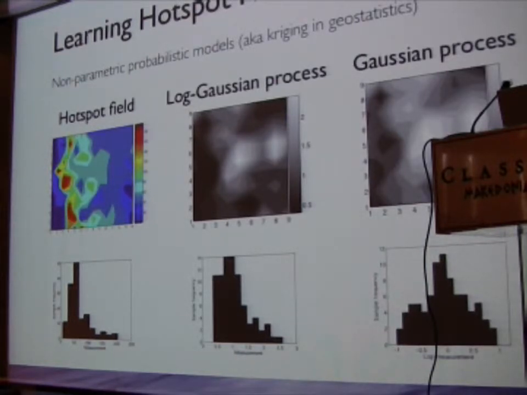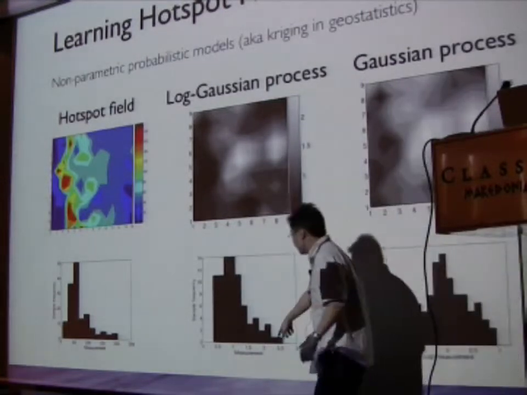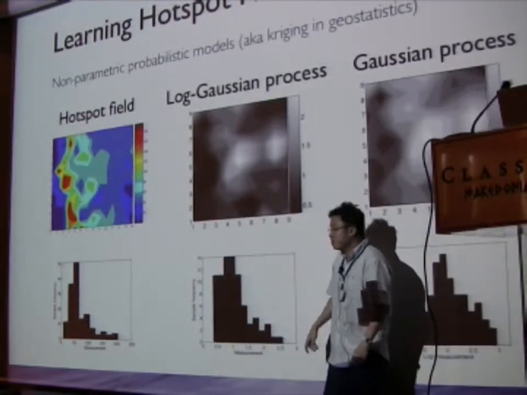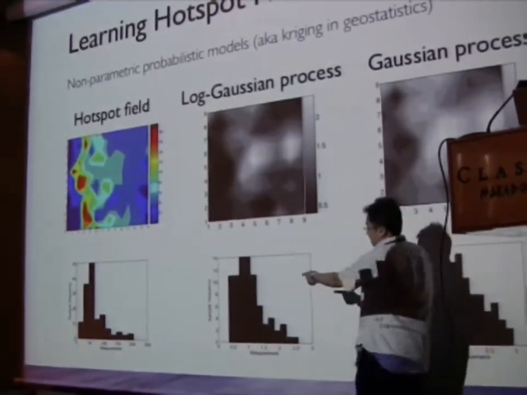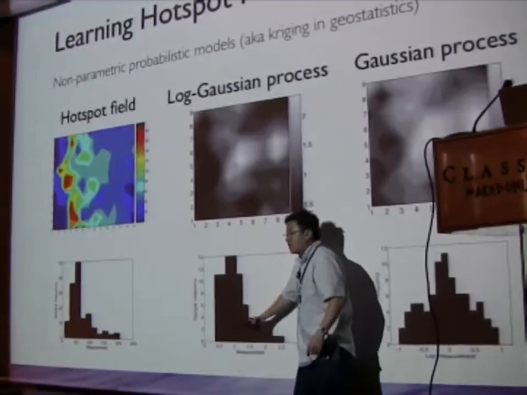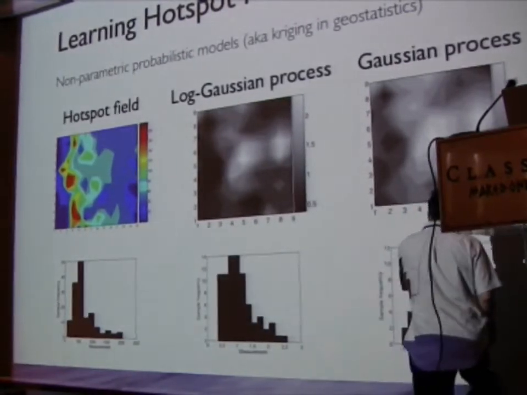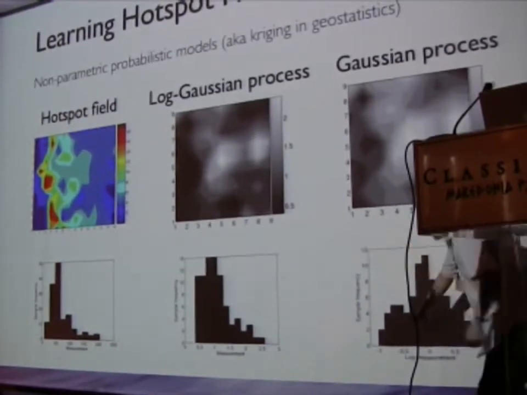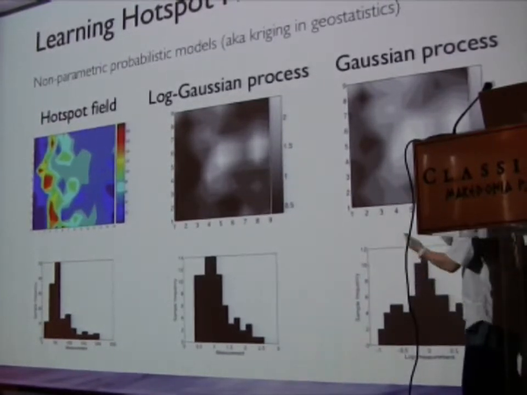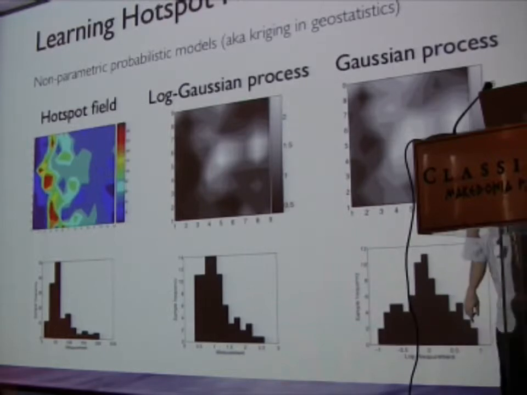This can also be observed when you put all the measurements together into a 1D frequency distribution, whereby in the log Gaussian process you have a greater range of high measurements and a smaller range of low measurements. Now, if you take the log of all these measurements, you will get something like this one here. It expands the range of the low measurements and decreases the range of the high measurements.